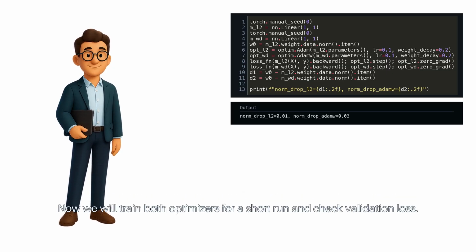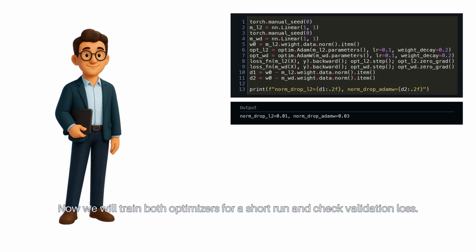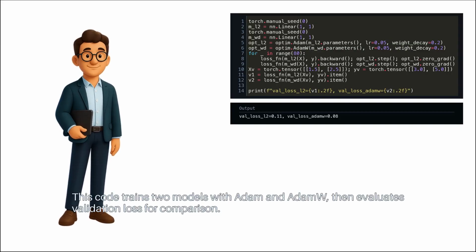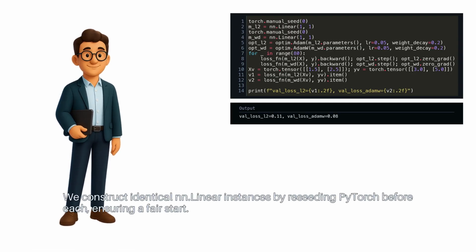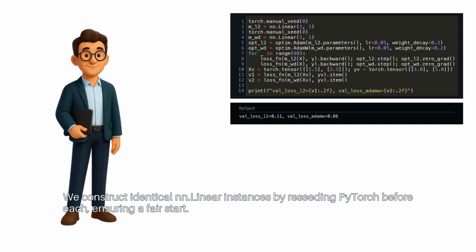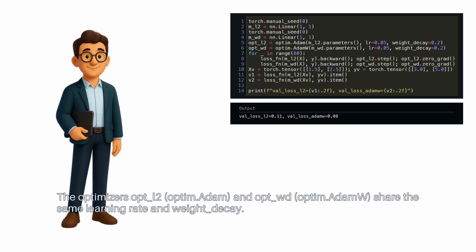Now we will train both optimizers for a short run and check validation loss. This code trains two models with Adam and AdamW, then evaluates validation loss for comparison. We construct identical nn.Linear instances by reseeding PyTorch before each, ensuring a fair start. The optimizers opt_L2, optim.Adam, and opt_WD, optim.AdamW, share the same learning rate and weight decay.